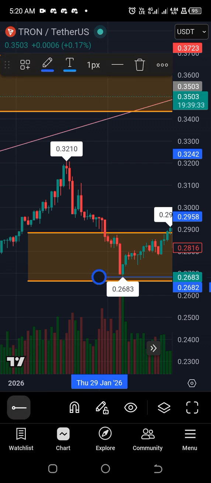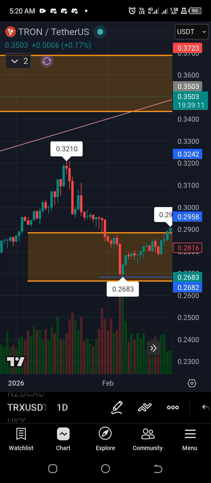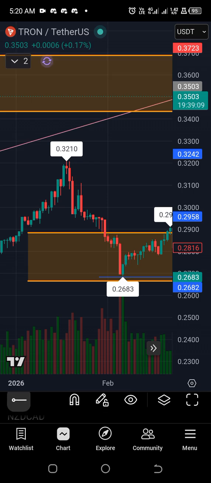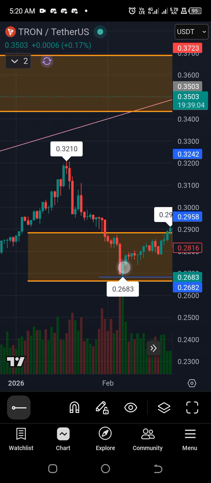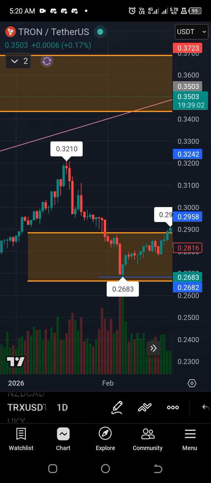So I have my blue line there to show that level. So it is 0.2682 approximately, to help me know where I could target my highest level of profit. That was sometime early in February anyway.